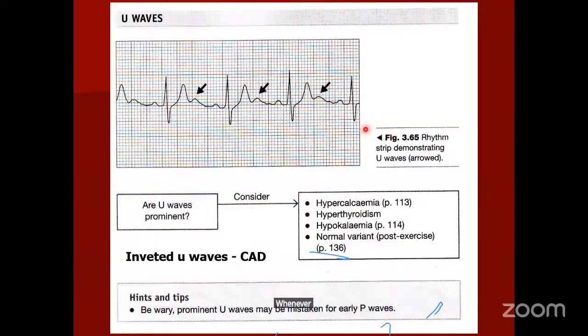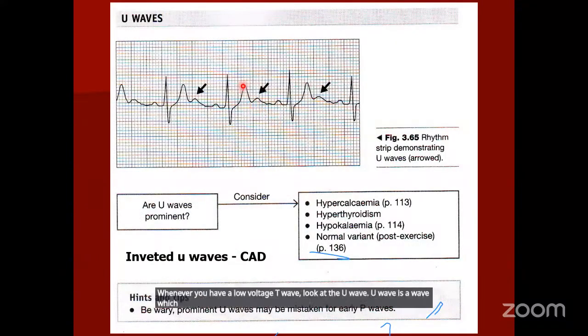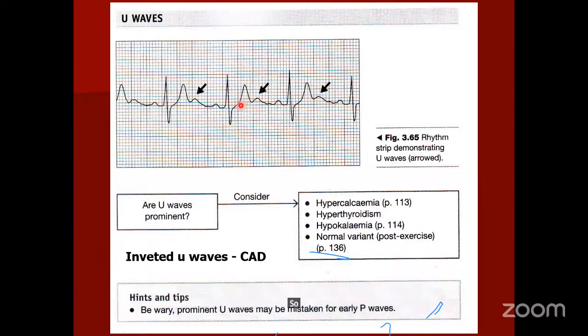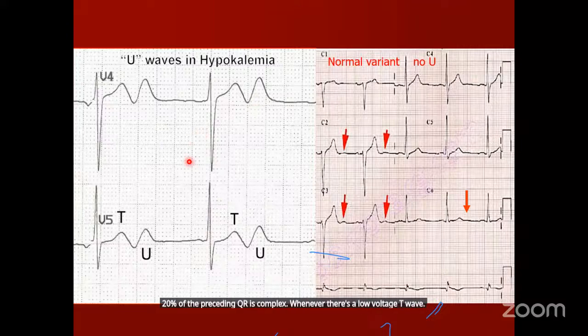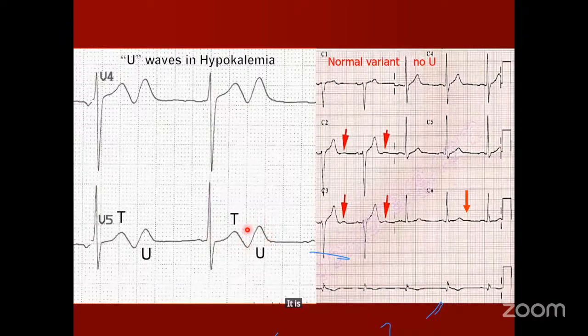Whenever you have a low voltage T wave, look at the U wave. U wave is a wave which is coming after the T wave. So the low voltage T wave is represented by the T wave which is less than 20% of the preceding QRS complex. Whenever you have a low voltage T wave which is accompanied by a large U wave, it is hypokalemia.